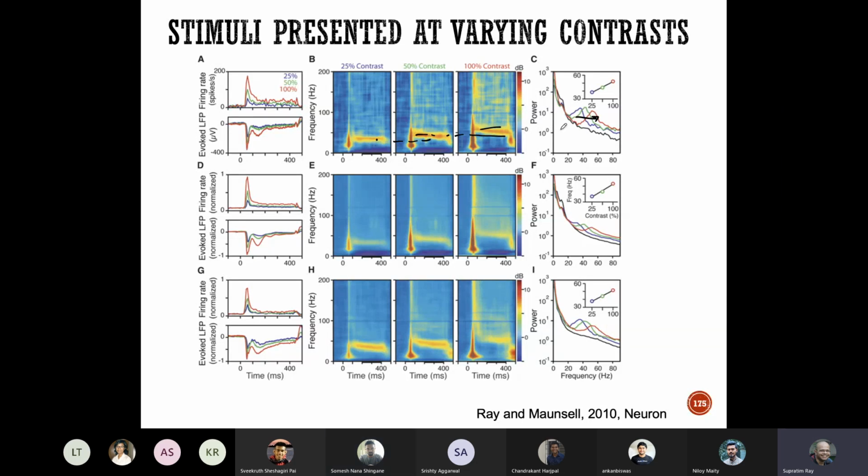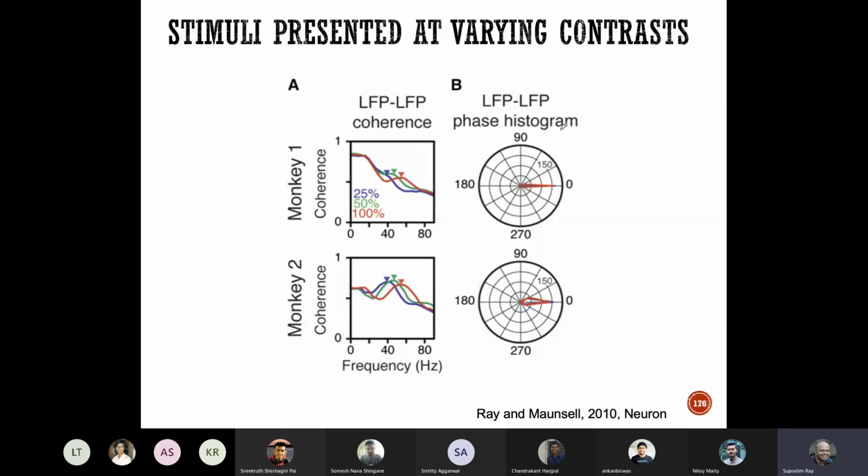If you look at LFP coherence, this is monkey 1 and monkey 2, that also shifts as it should because the gamma peak is shifting. But if you ask what's the average phase difference, the average phase difference is close to 0.